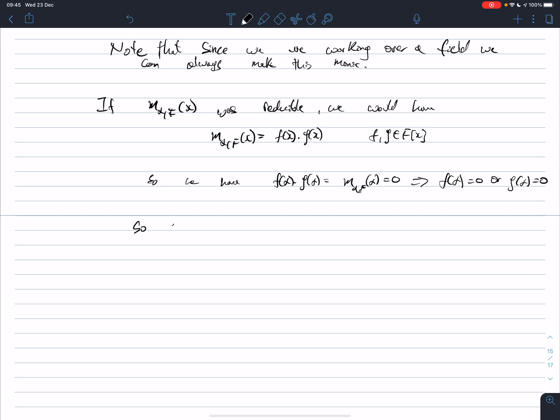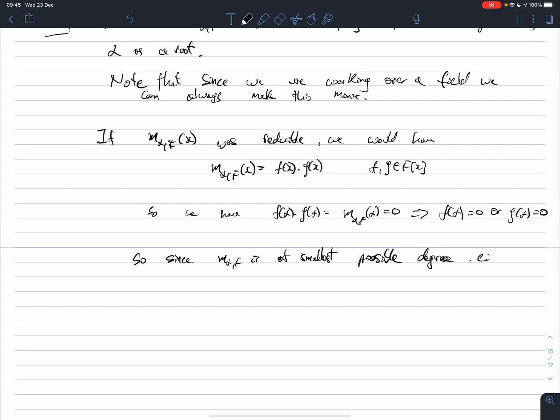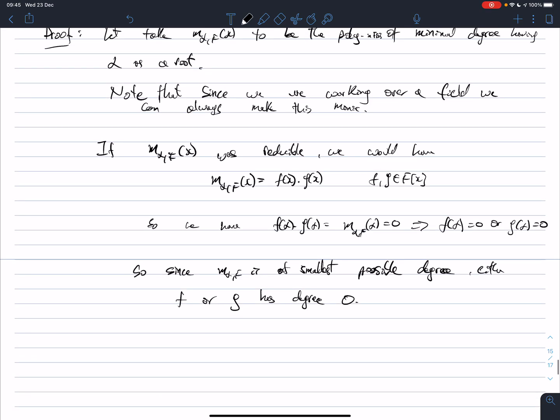So since m alpha of f is of smallest possible degree, either f or g has degree 0, i.e. it's just a constant, therefore m alpha of f is irreducible.